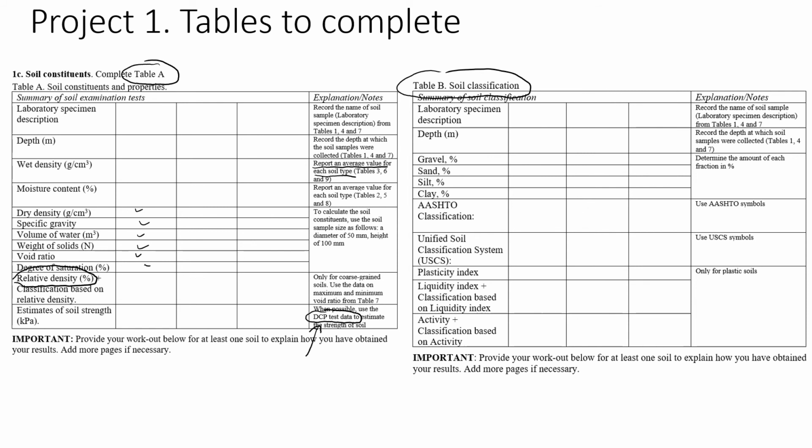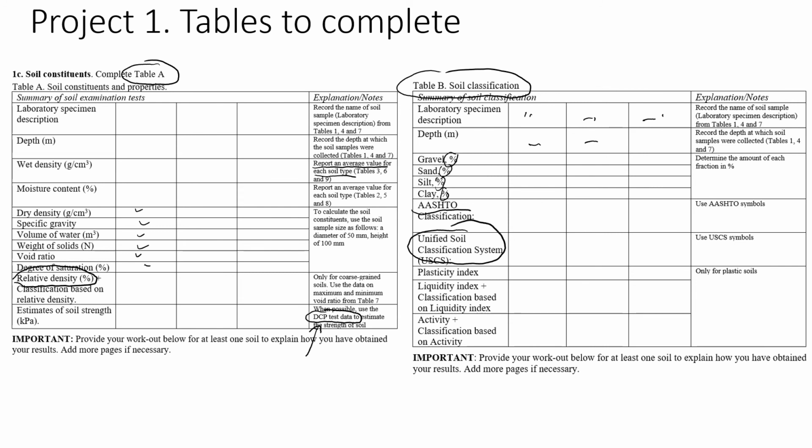For table B, what you need to do is the same thing. You just provide a name of the soil here, then depth where it was collected. Then you need to decide on the percentage of each fraction, how much you have gravel, sand, silt, and clay. Then you need to classify it based on the AASHTO classification system, and the same thing but using unified soil classification system.